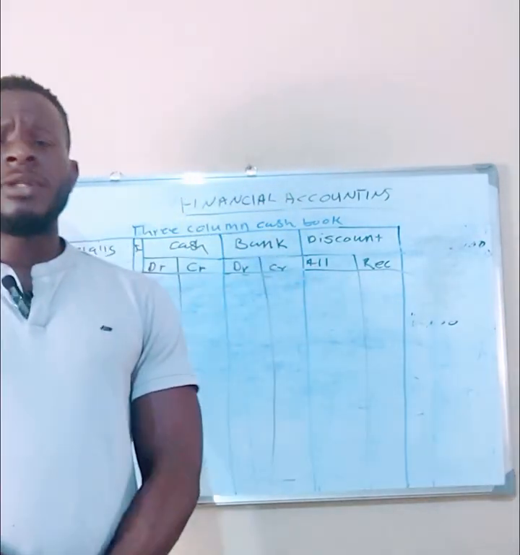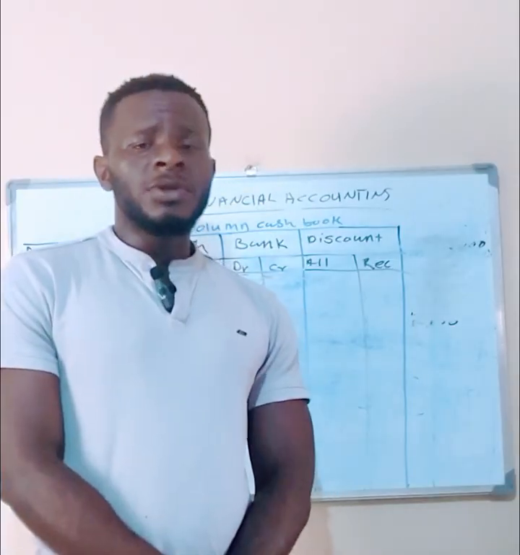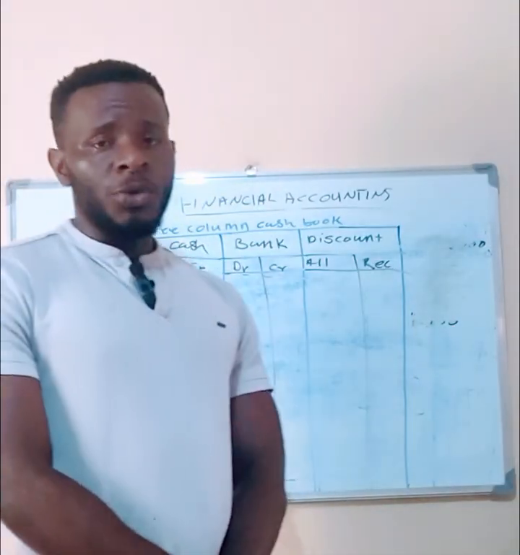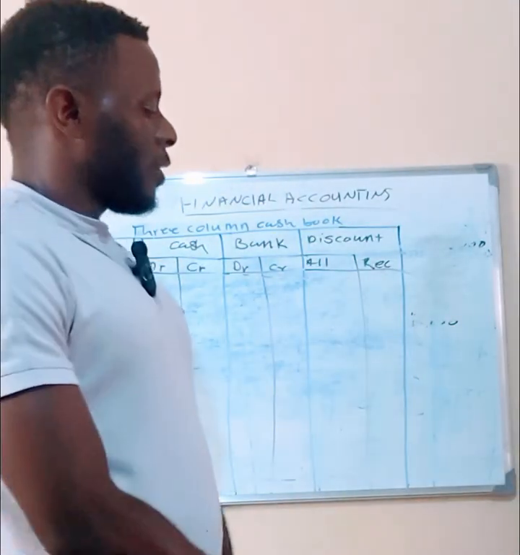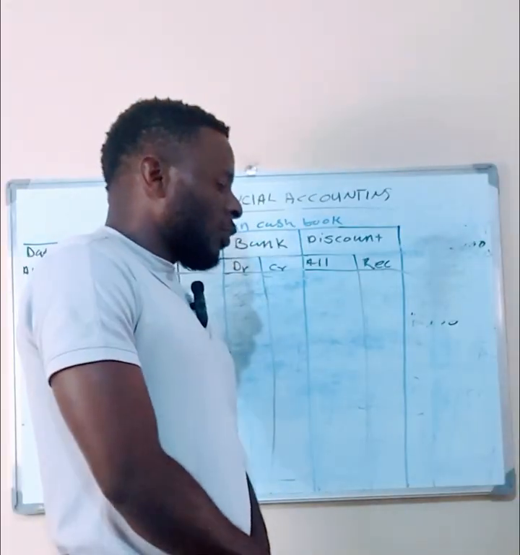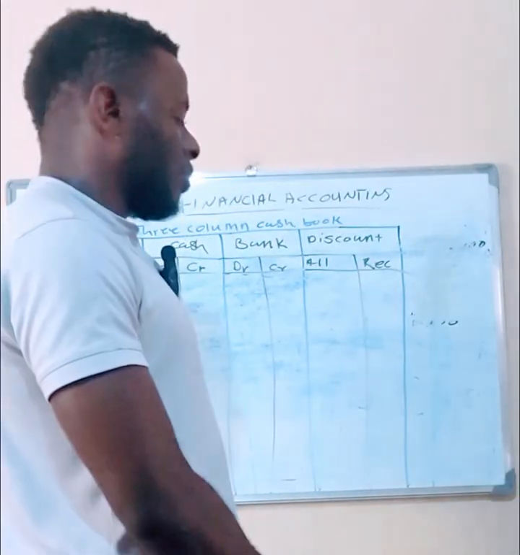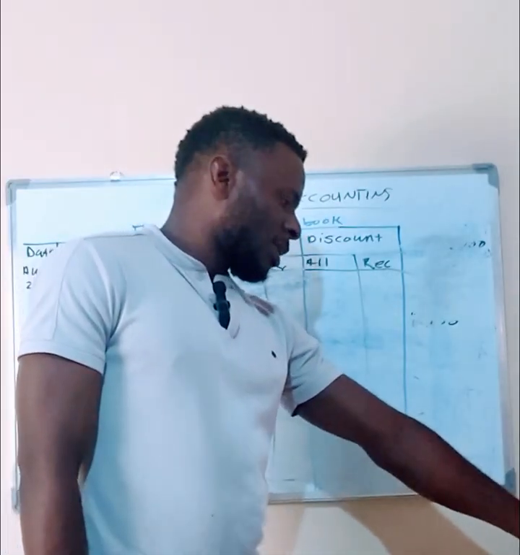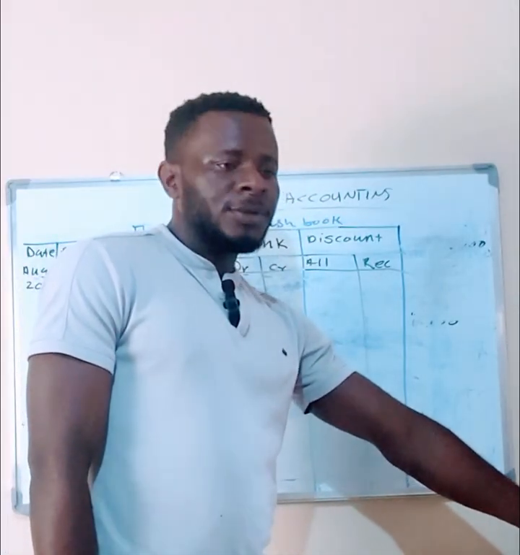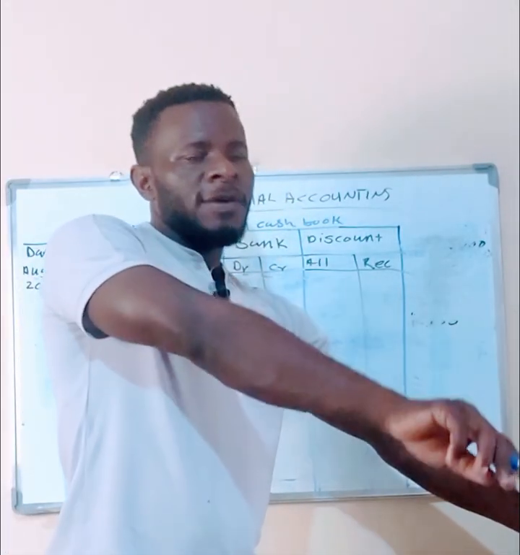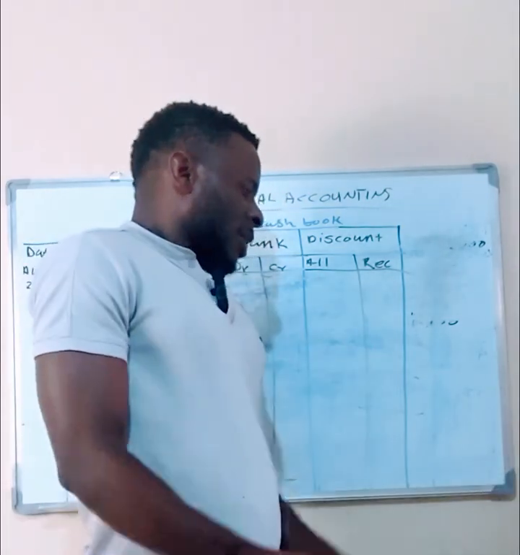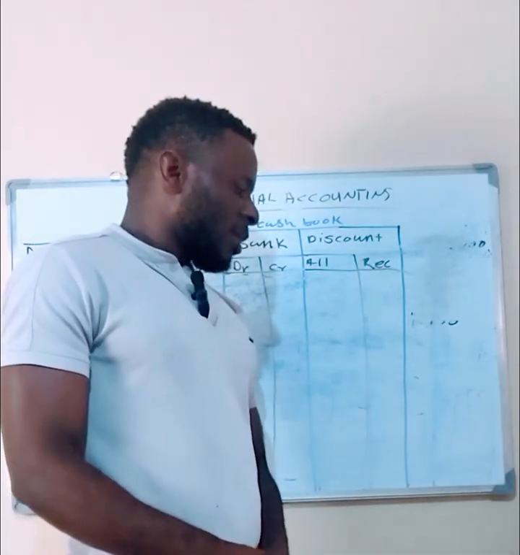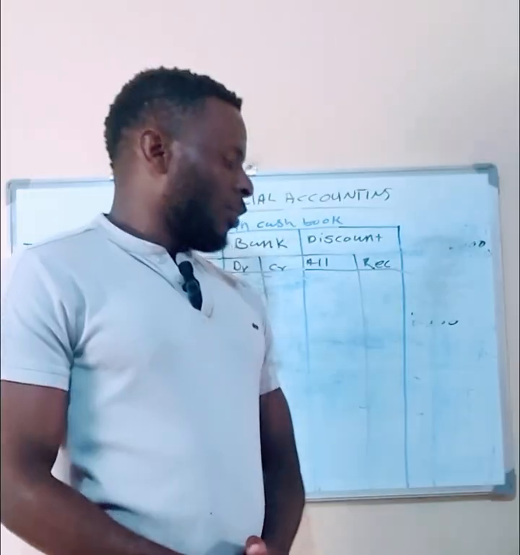So if we go back to the golden rule, what happens to the person that is giving? We credit. So we are going to credit Emutogo's account, and according to the golden rule principle, every debit transaction has a credit transaction. You will discover that the opposite is what we are going to do to the cash account.